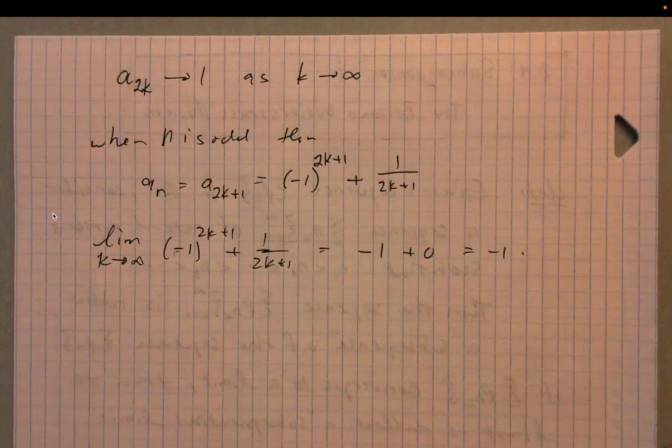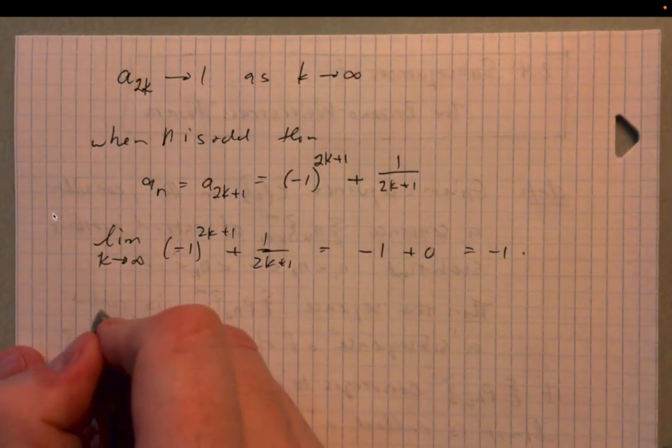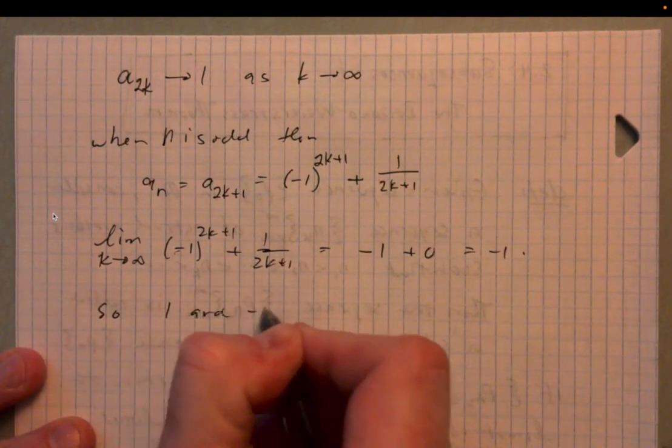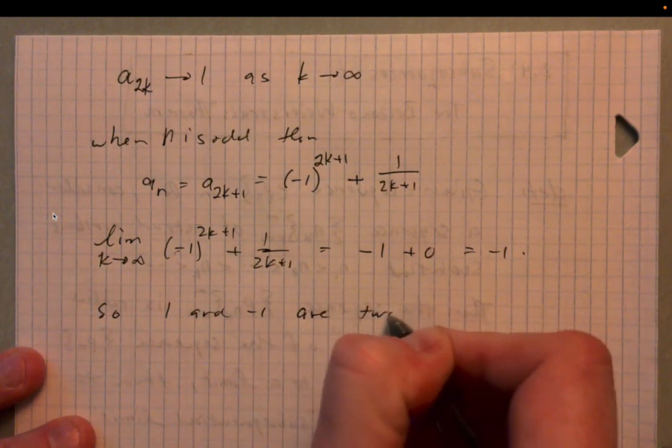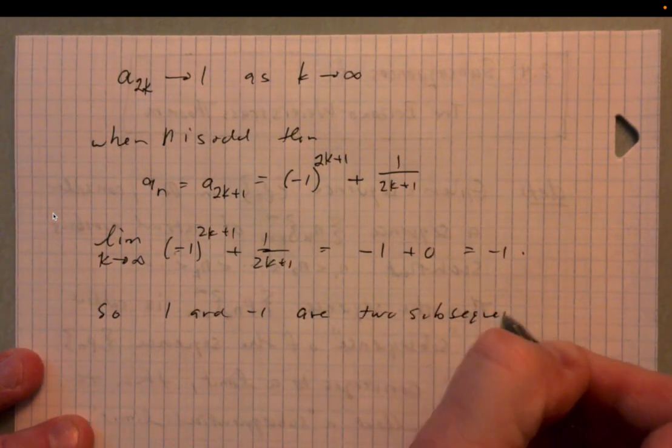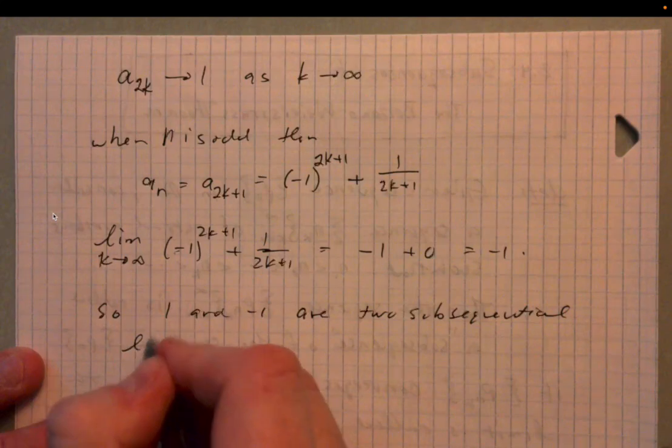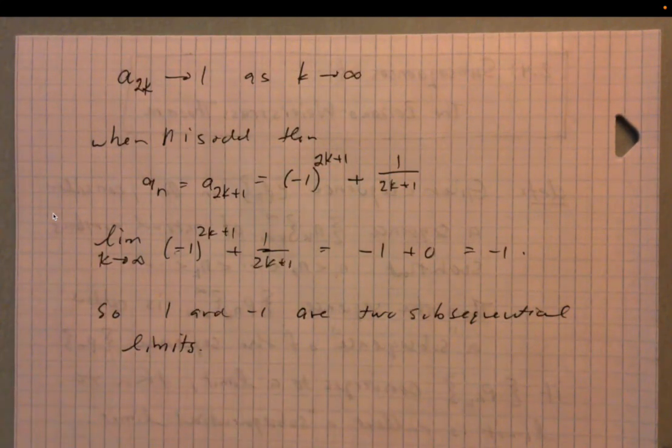Okay, so you've got two subsequential limits here. You've got 1 and negative 1. Now it turns out that's all that there is in the case of this one. This is an oscillating sequence.